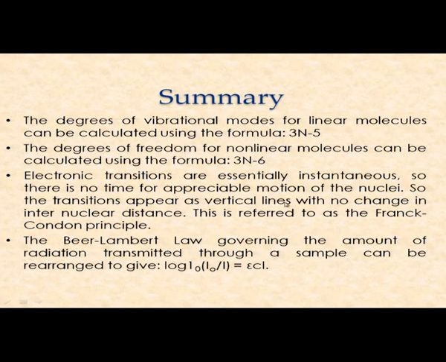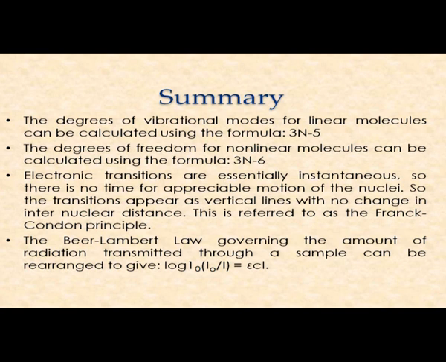Electronic transitions are essentially instantaneous, so there is no time for appreciable motion of the nuclei. So, the transitions appear as vertical lines with no change in internuclear distance, which is called the Franck-Condon principle.